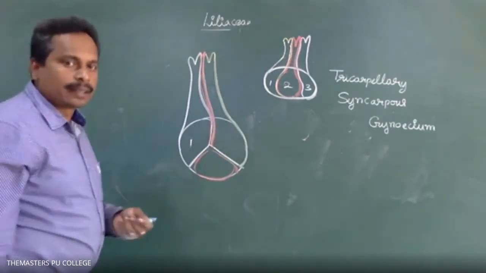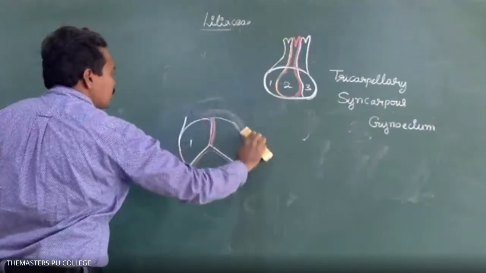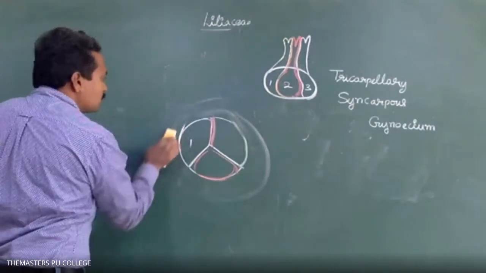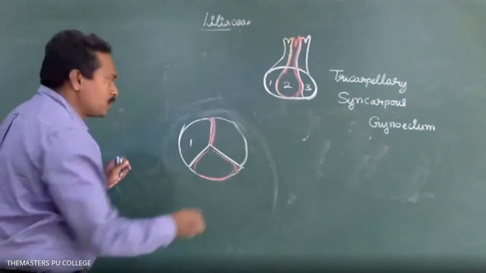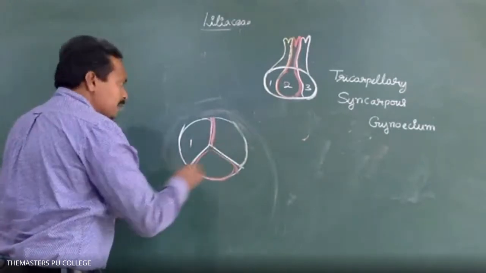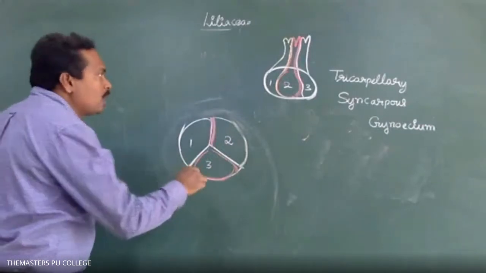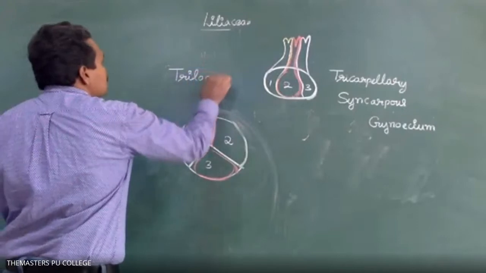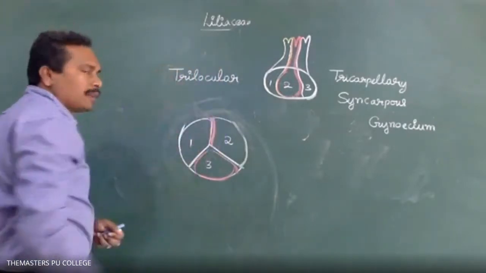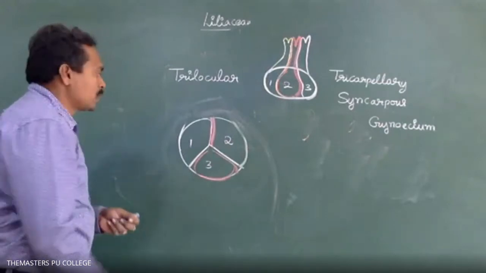How many chambers are there in the ovary? Three locules. This is one locule, one chamber, and the next, second chamber, third chamber. So trilocular. Trilocular means three chambers are present.